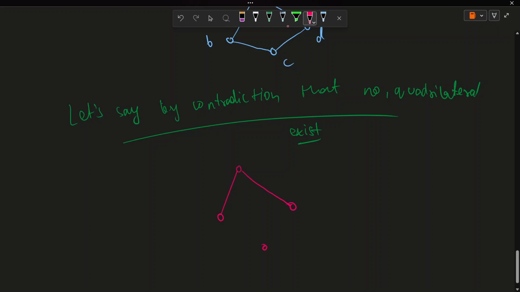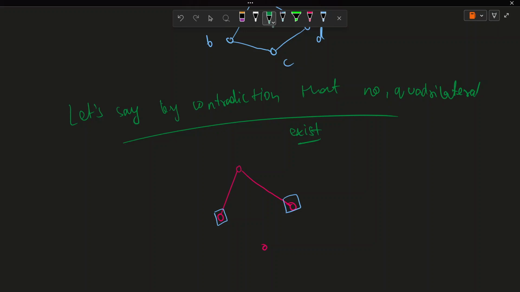So another way to formulate is that let us take a pair of points which are connected to a vertex.